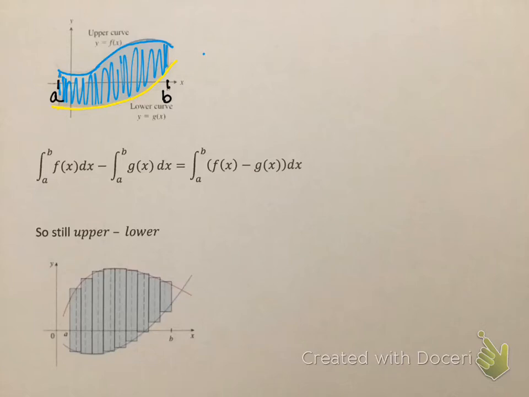All right, let's put a line through here just for our visual sake for a minute to separate the area that's above the x-axis and below the x-axis. Now let's draw in a representative rectangle up here, and let's draw in a representative rectangle down here.